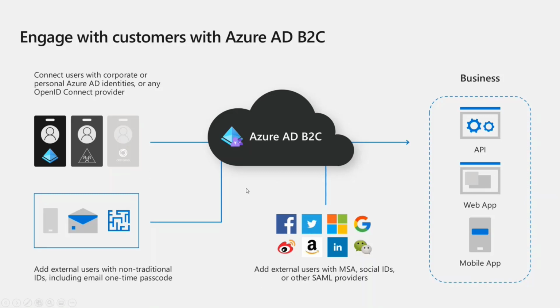B2C's stronghold has always been that you can federate with almost anything that speaks OpenID or SAML, and of course you can connect them to meet the requirements of what's popular in the market where this application is being used.